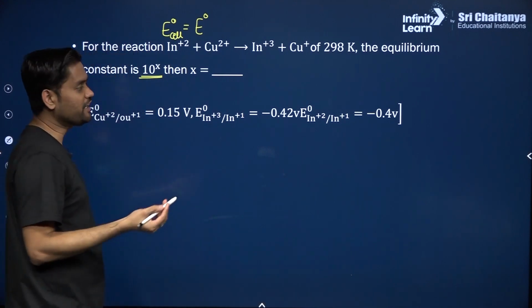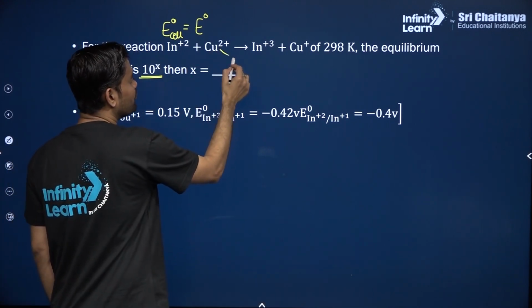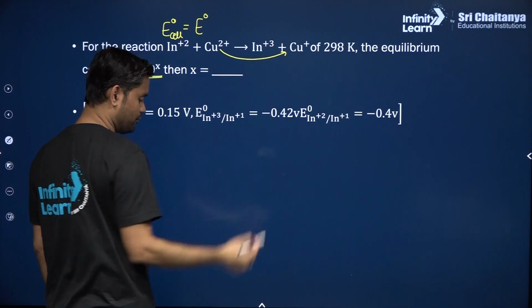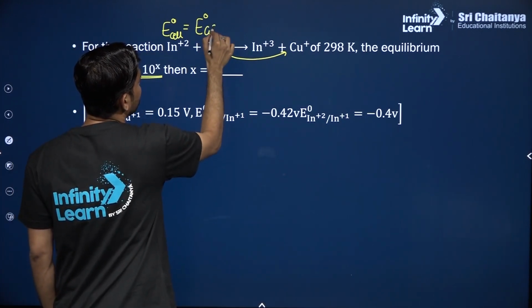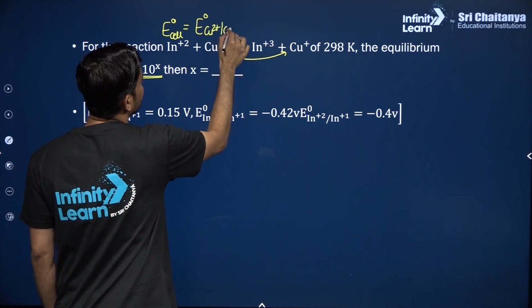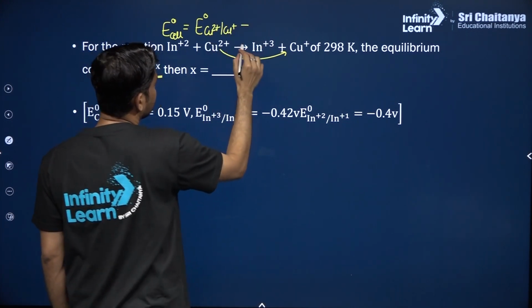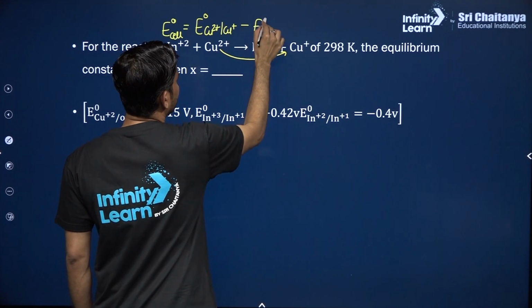Cathode is where reduction takes place, and in this case, if you will see, copper 2 plus ion has undergone reduction to form copper plus ion. So E naught is equal to what?